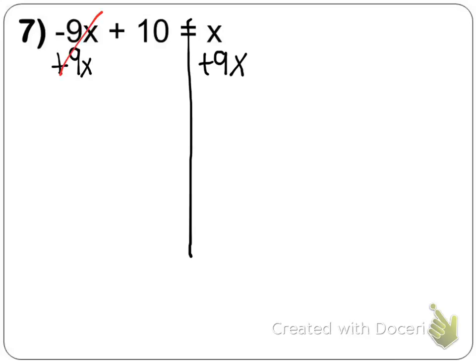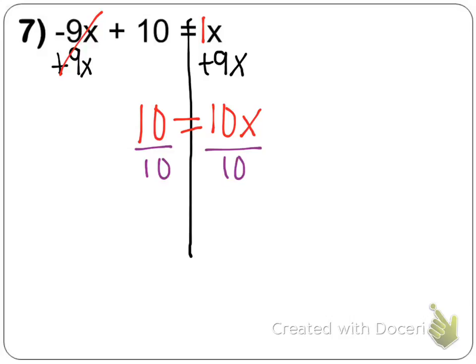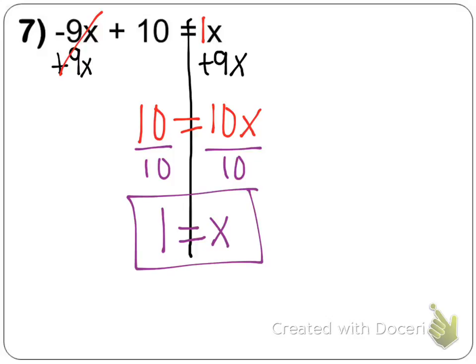That would give me 10 equals, what's 1x plus 9x? 10x, very good. And then your answer is 1, very good. 1 equals x. And your questions are?